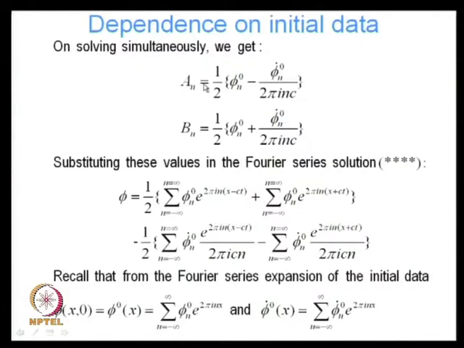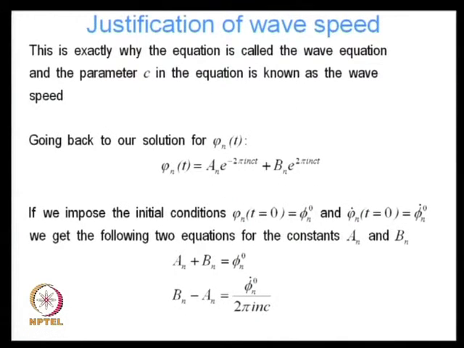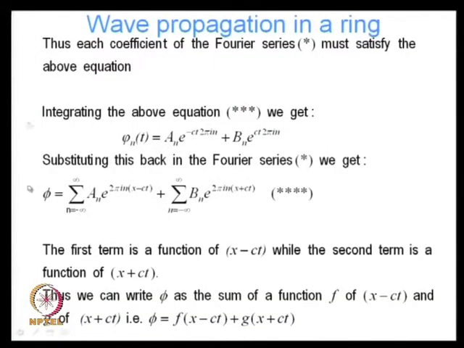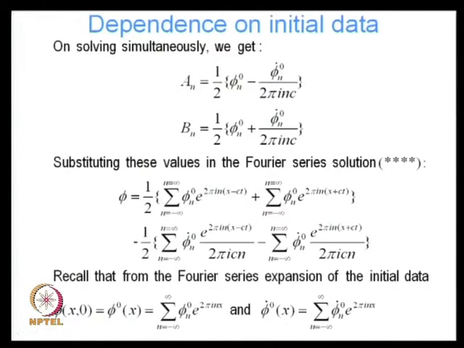Substituting these values in the final Fourier series solution, we get an expression for phi of this nature, where these are quantities which depend entirely on the initial conditions. Recall that from the Fourier series expansion of the initial data, this is how we defined phi 0 n and phi dot 0 n.